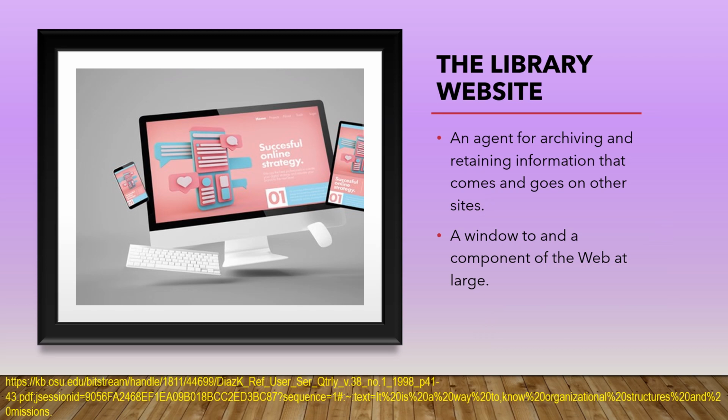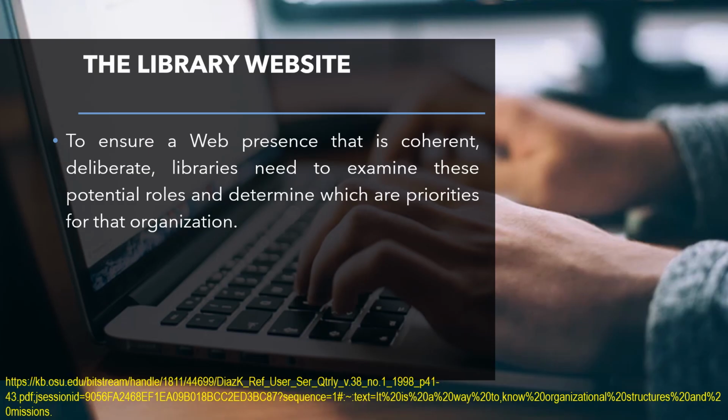The library website can be also an agent for archiving and retaining information that comes and goes on other sites, and also a window to and a component of the web at large. So in ensuring the coherency and deliberateness of the library website, the library professional needs to examine the role and determine which are the priorities of that specific organization in putting up the library website.